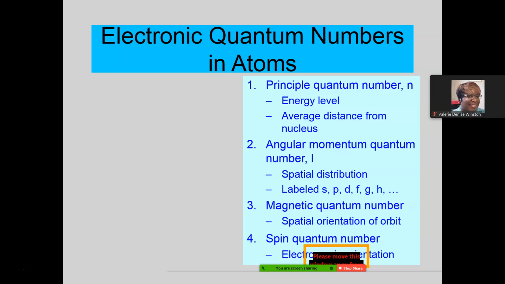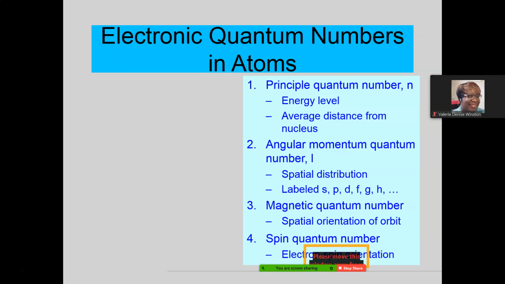And that's what it meant there too. And what does that stand for? The average distance from the nucleus. So the smaller N is going to be closer to the nucleus. The larger N's are ultimately further and further away. So they're not really energies. They are distances from the nucleus, but that relates to their energy. Okay, so there's the first one, the N quantum number.